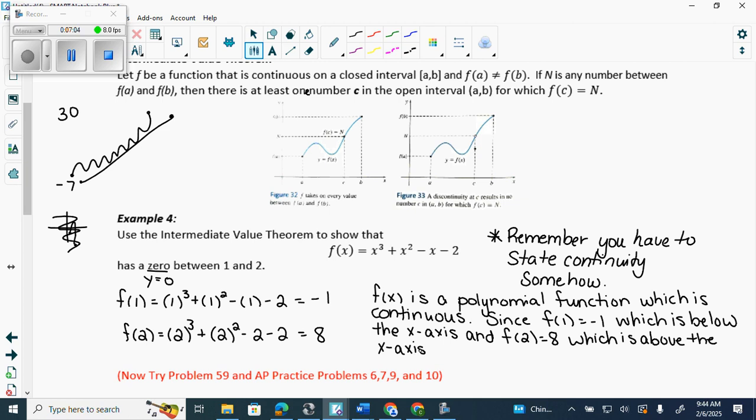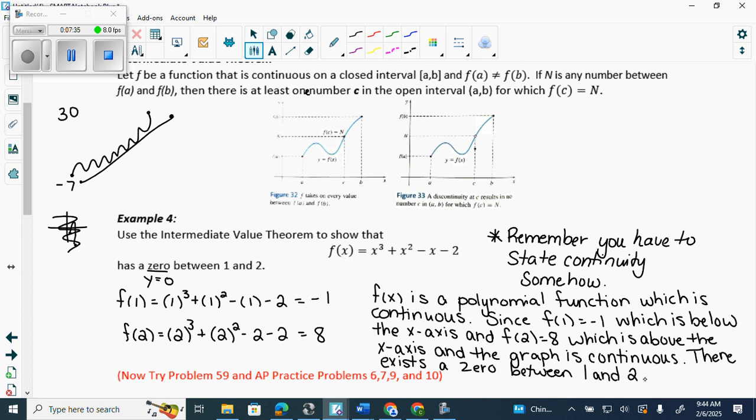We're going to do some really big old run-on sentence. So just stating that f of 1 is below and f of 2 is above is not enough, correct?